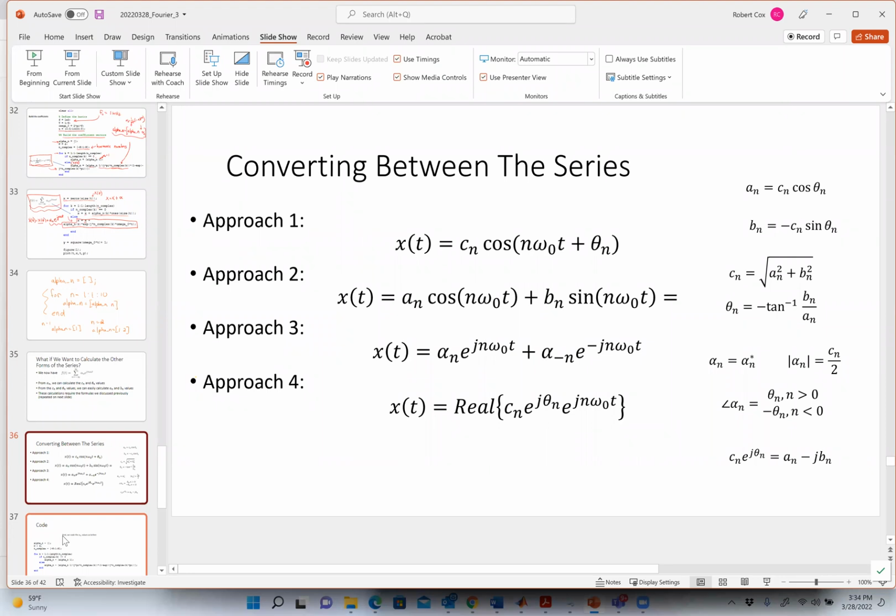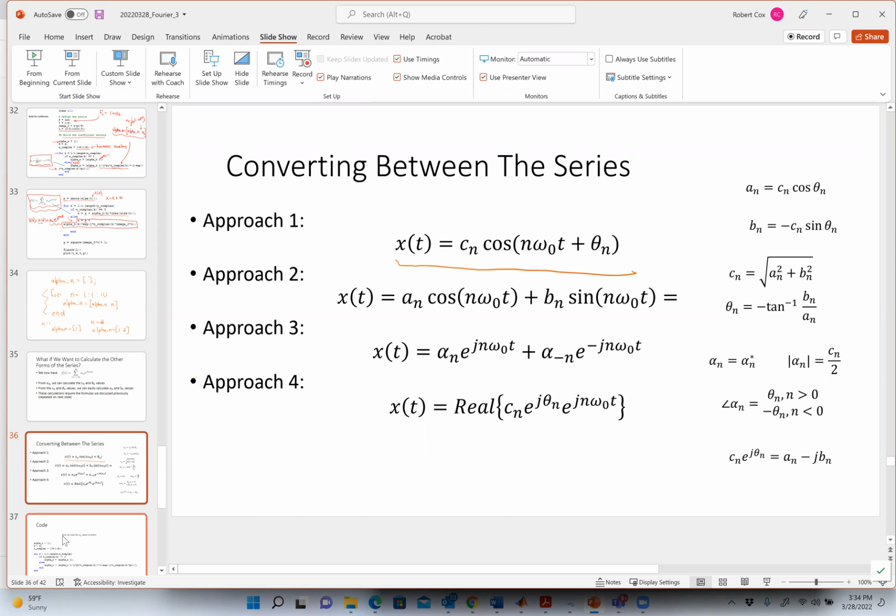One of them is the most intuitive way of saying what a cosine at any given frequency is: basically cosine of omega t plus a phase shift. That's the most intuitive way, because in general anything can be represented by a phase shift away from whatever a basic cosine should look like.